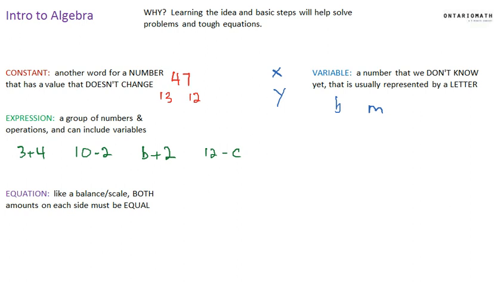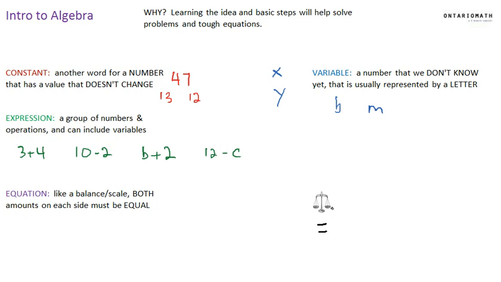The equation is like a balance or scale. I'll throw in this picture of a balance here, and I like to think of the idea of a balance and scale because the amounts on each side must be equal. They have to be equal.